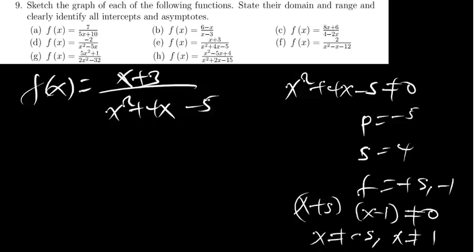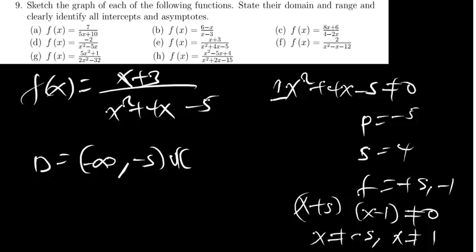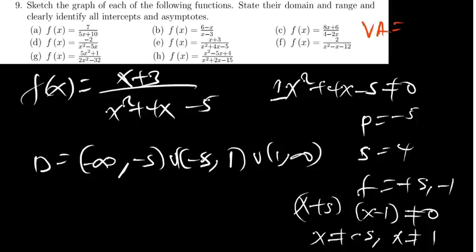If the coefficient is 1 here, I just get the factors as my answers. So my domain will be from -infinity to -5, union from -5 to 1, union from 1 to +infinity. At the same time, my vertical asymptotes are at -5 and 1.